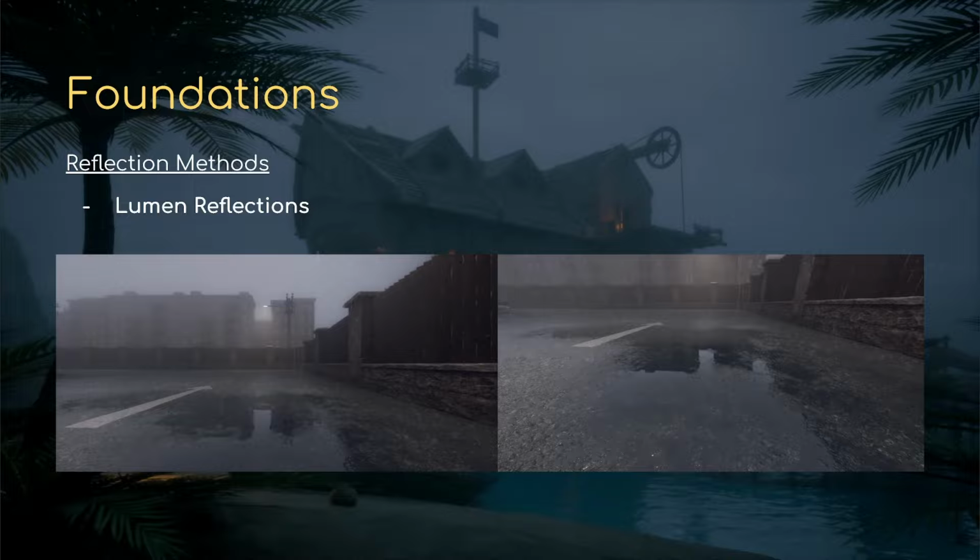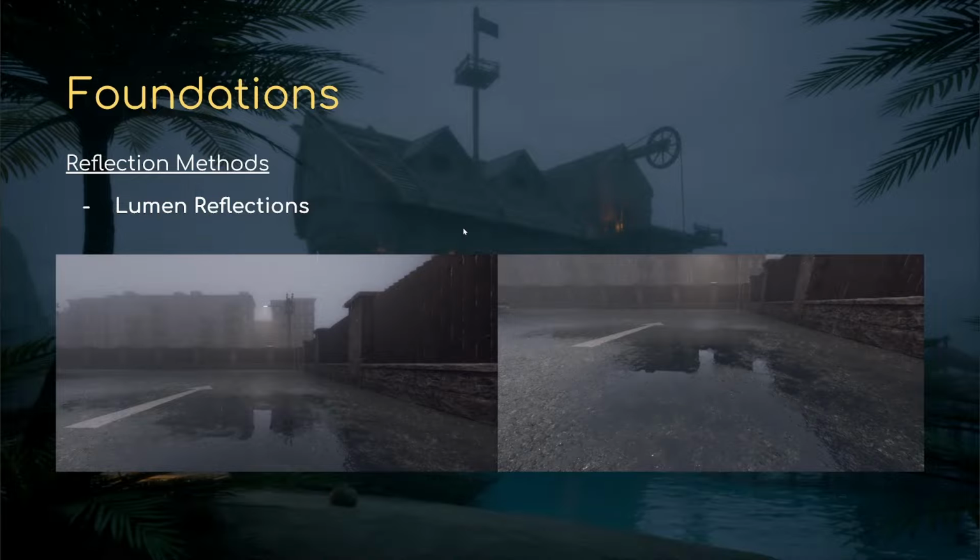Its reflections look generally great. And the most important thing is they don't rely on any screen space information or have any misalignment problems. So for example, as you can see here, you can see the buildings here and here. They align perfectly, and you can see them even if they are not on the screen.